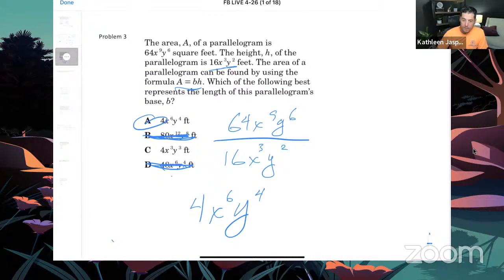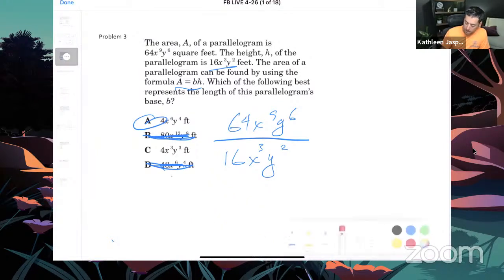So just knowing top, bottom, all that kind of stuff. And then let me show you something just in case, so you don't get confused. What if this were y^2 on top and y^6 on the bottom?